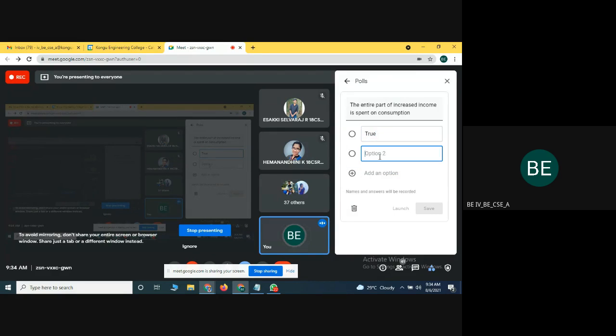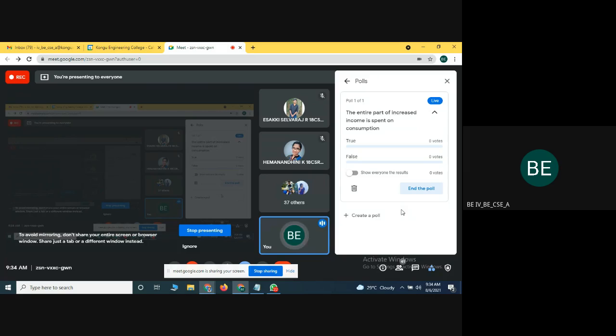First question: the entire part of the increased income is spent on consumption. And the second question is, what is the autonomous consumption?